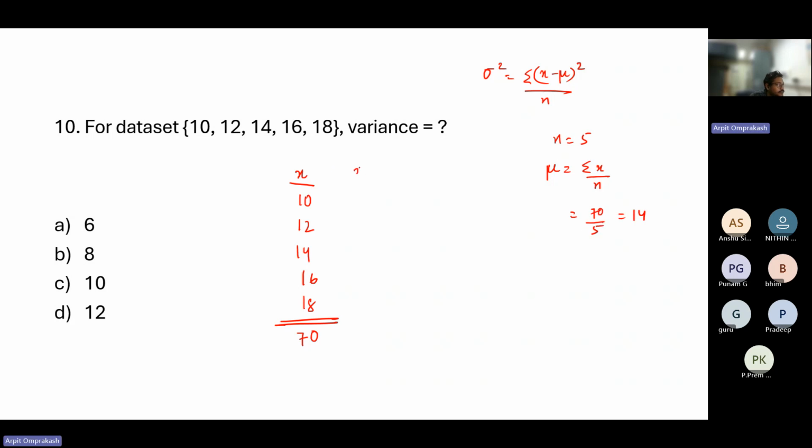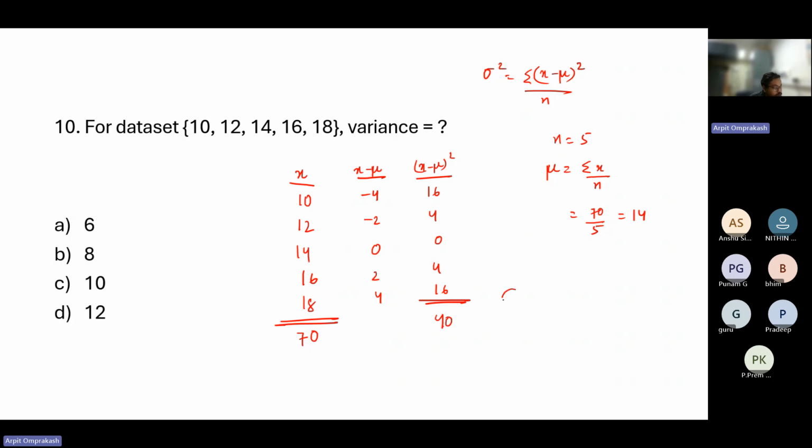Now we calculate x minus mu. We make it in this table, so it's easier. So 10 minus 14 is minus 4, 12 minus 14 is minus 2, 0, 2, and 4. Then we have x minus mu whole square: 16, 4, 0, 4, 16. And then we take the sum of this, which is 40.